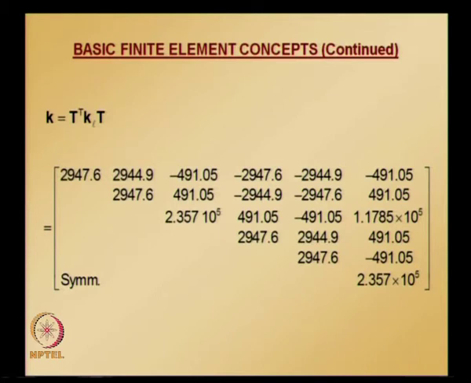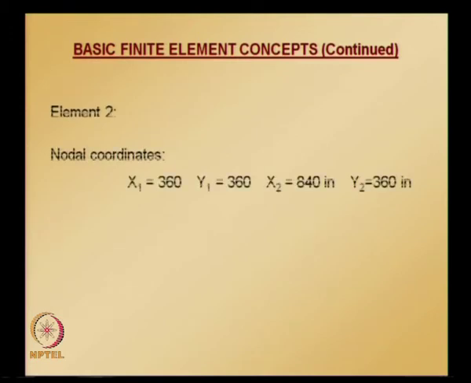Anyway, before doing that, let us see the element 1 nodal coordinates. Using these values we can find the direction cosines. Length is straightforward, it is given. Element 2 is subjected to a UDL, a uniformly distributed load.